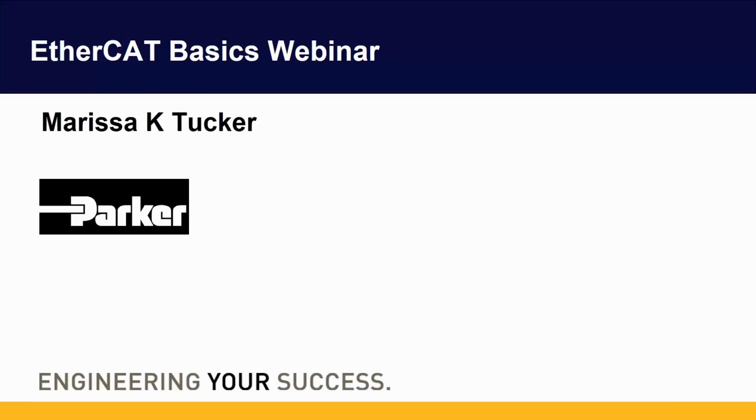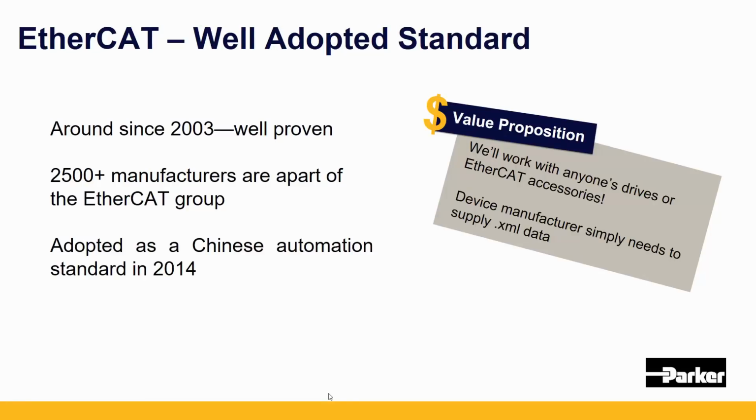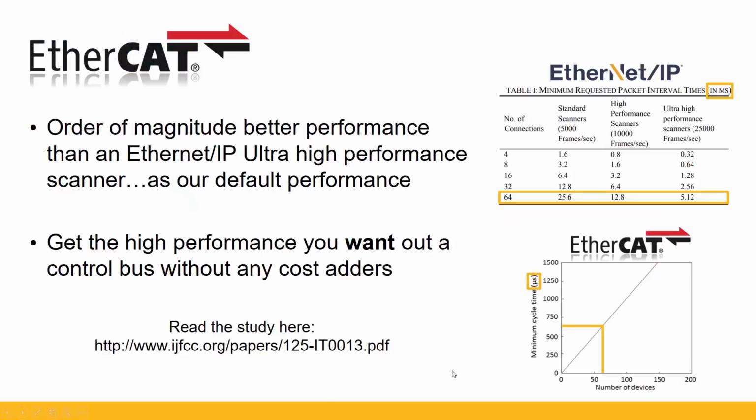So to give you guys just a brief little summary, because there's a lot of both technical and general information that we covered for Ethercat today. Ethercat is a well-adopted standard that's actually been around since 2003. And of course, there is no comparison. Ethercat across the board, it is the fastest protocol available today.